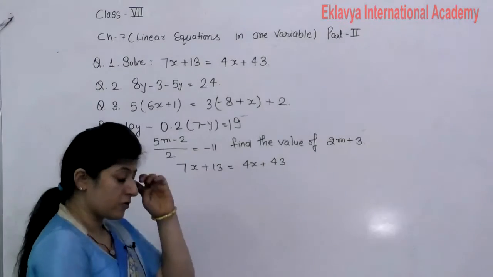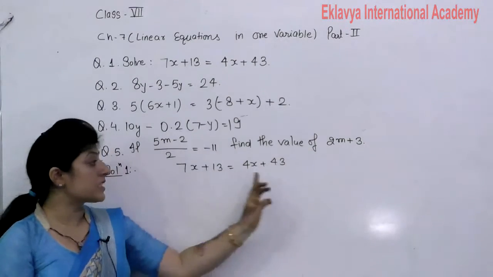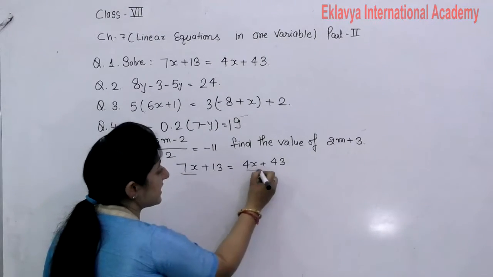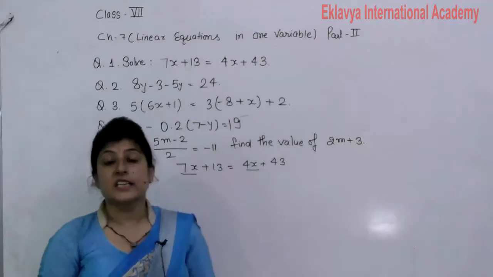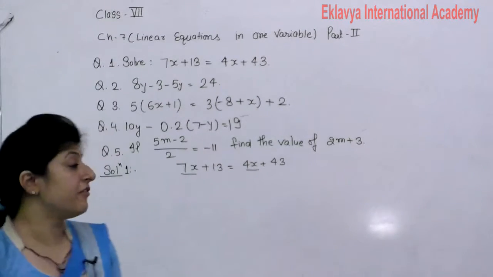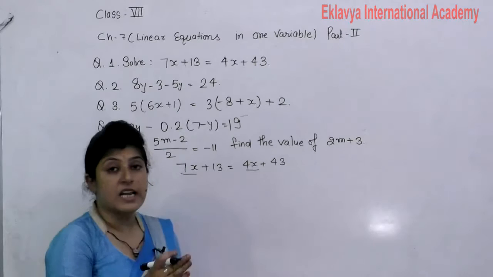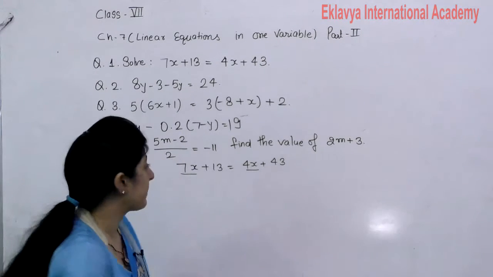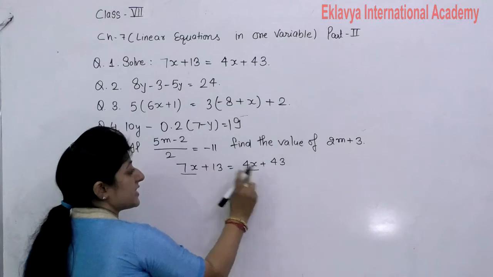In this type of question, there are variable terms on both sides, here 7x and there 4x. Then how to solve it? It depends on the value that we want to solve, left hand side to right hand side or right hand side to left hand side. See, there is 7x, there is 4x.